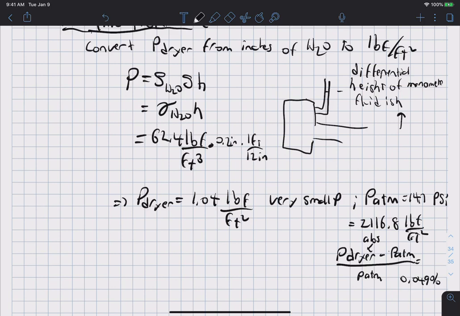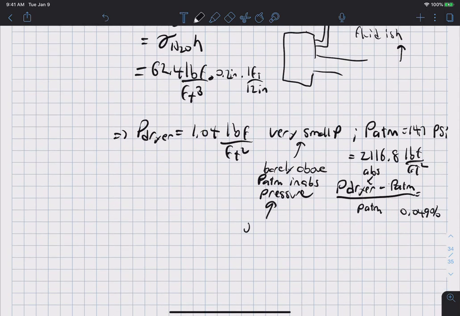So essentially, the pressure of the dryer is just very small and barely above atmospheric pressure. Okay, and so this is barely P_atm in absolute pressure. So this implies that we can just use the standard pressure to evaluate.